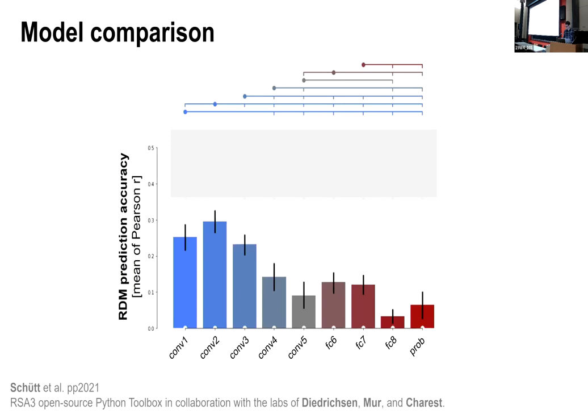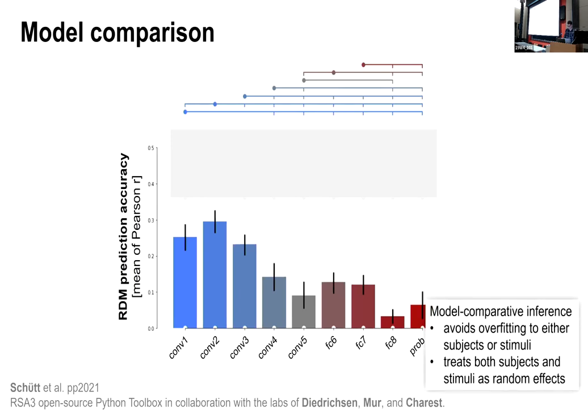And we also get these nice comparison bars at the top, where for each model in a different color, you see a little tick mark for all of the other models that this model significantly dominates. So this is a way of making progress by model comparison. And importantly, the model comparative inference must avoid overfitting to either the subjects or the stimuli, because we're only interested in models that will work for different stimuli and different subjects.